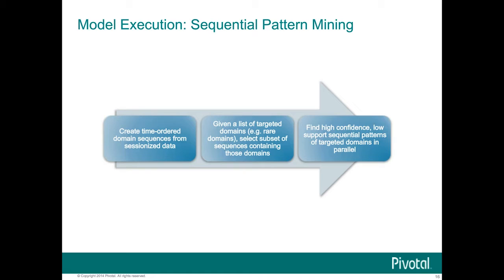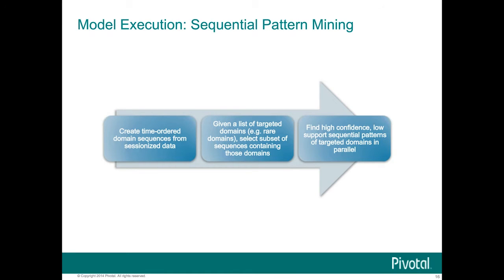Once we have these domain sequences, given a list of targeted domains, which could be rare domains, or a known blacklist, that's also fine, we select the subset of sequences containing those domains. Once we have the subset, we find high-confidence and low-support sequential patterns of targeted domains in parallel for all the subsets of the domains. So this is an overview of the modeling approach for sequential pattern mining.